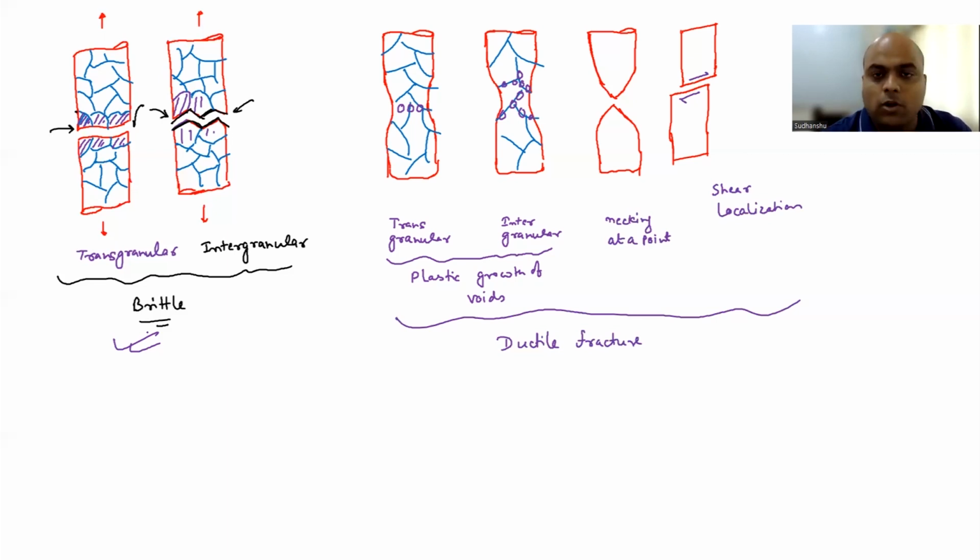Okay, so now let's talk about the different kinds of fracture mechanisms, right? The important ones, and then we'll discuss them. Okay. So the first one is your ductile fracture. Second one is brittle or brittle cleavage fracture.